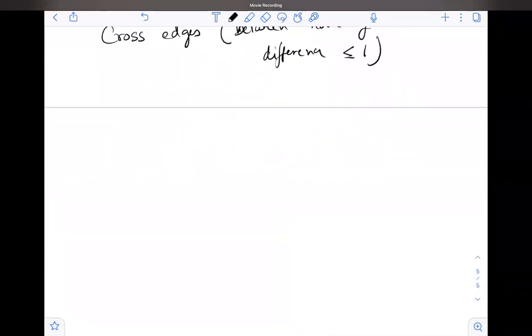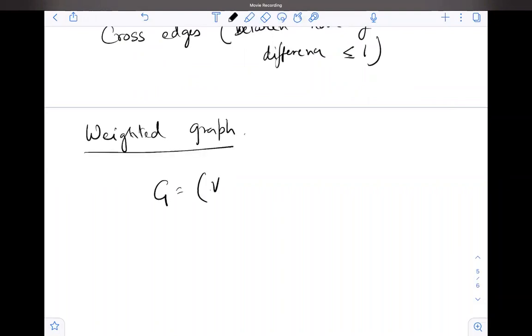We will be looking at weighted graphs. So weighted graphs are graphs where you have the vertices, the edges, and a weight which is a function from the edges to the reals. Sometimes it can be positive or sometimes it can be negative.